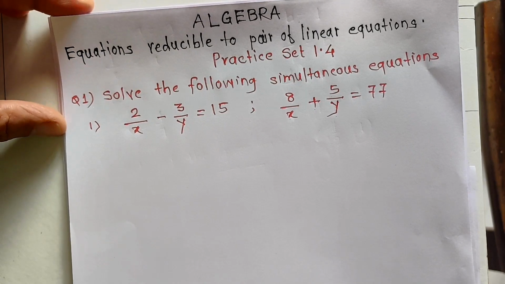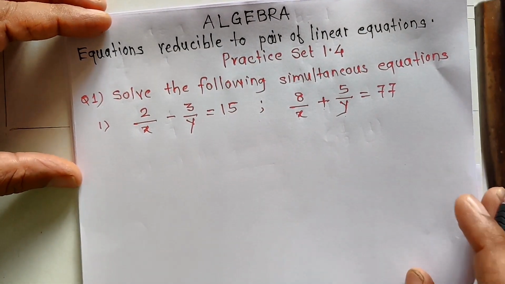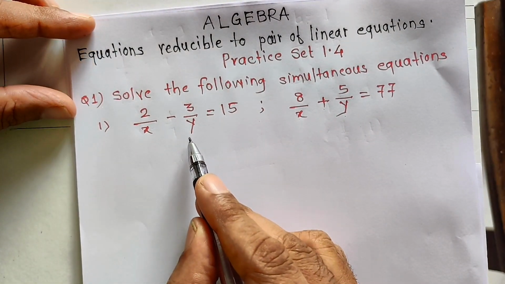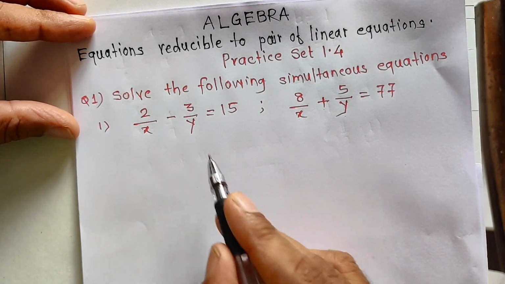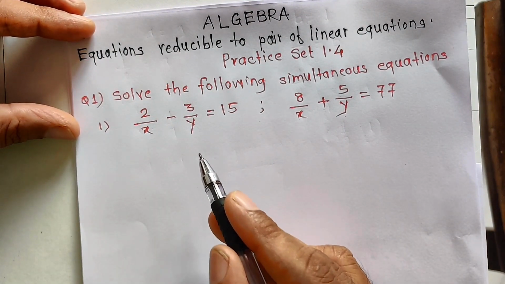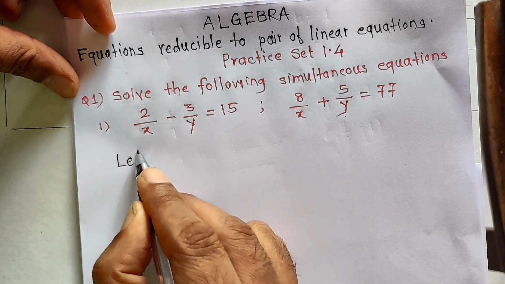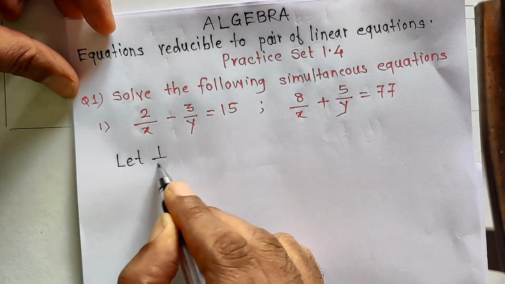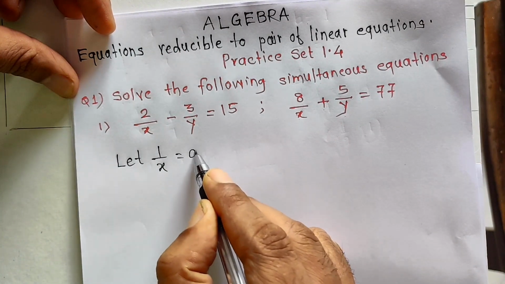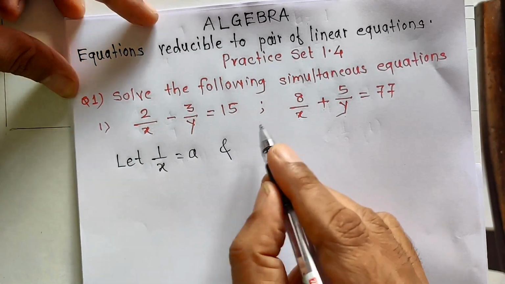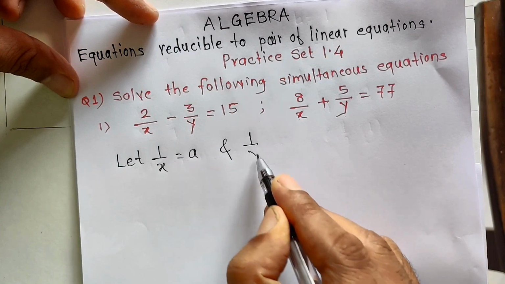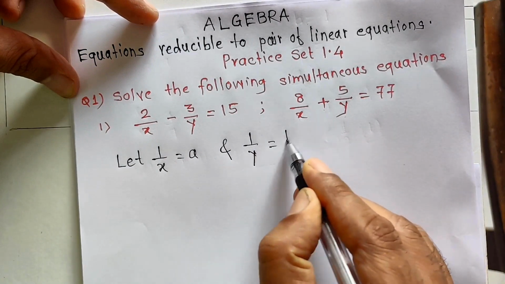Here our first equation is 2 by x minus 3 by y is equal to 15. So convert it into a linear equation. First we consider 1 upon x is equal to a and 1 upon y is equal to b.